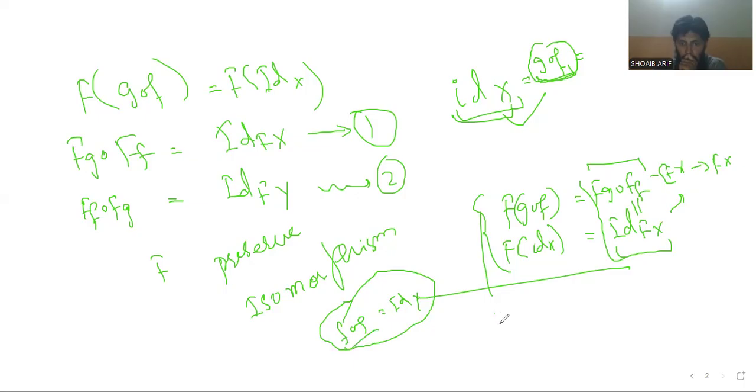So according to the definition of functor, the functor sends this morphism f of g to F of f composed with F of g, because F of f composed with g is equal to F of f composed with F of g, and the functor sends this id on Y to identity of F of Y. So they are equal according to the definition, because the morphisms are equal. So the functor preserves isomorphism.